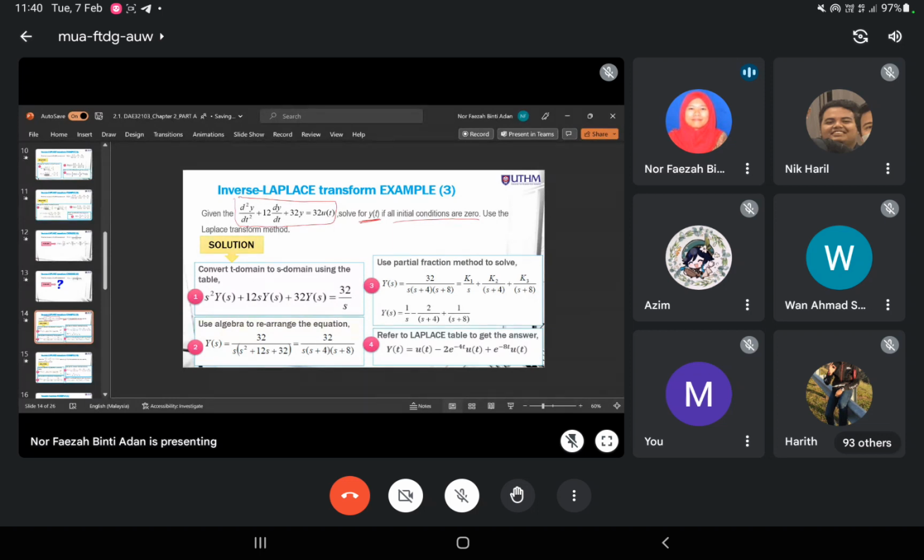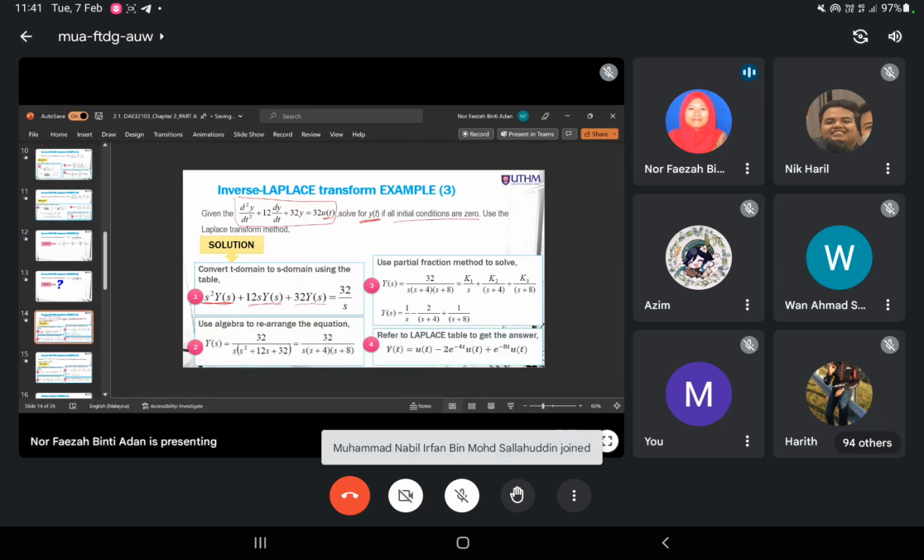So d squared y dt squared convert to S domain with initial condition 0, dia akan jadi S squared Y(S). And then yang dy over dt, it is multiplied by a coefficient 12, so dia akan jadi 12S Y(S). And then yang 32y ni, this y is a function, so it will become 32 Y(S) equals to 32 u(t).